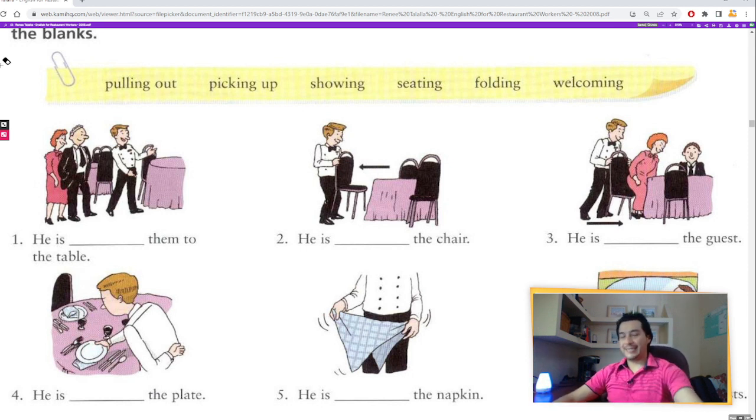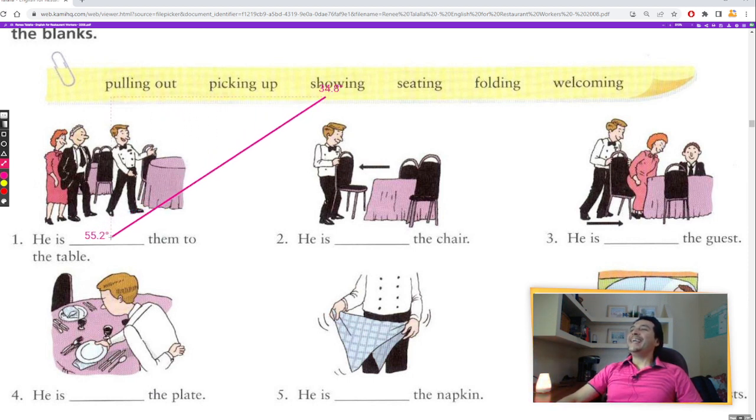He is showing them. He is showing them to the table. Now let's practice. He is showing them to the table. Showing them to the table.